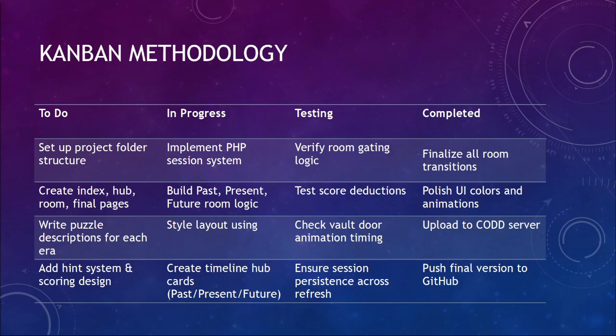And the main progress was building the actual room, the stylings, and the cards. The things we had to test were the room gating logic and making sure that points were deducted if we used hints or got the answer wrong, and opening the final door and to make sure session is persistent. And the completion list really had the transitions and final polish and uploading to the server and making sure the final version was uploaded on Git as well. Next slide.